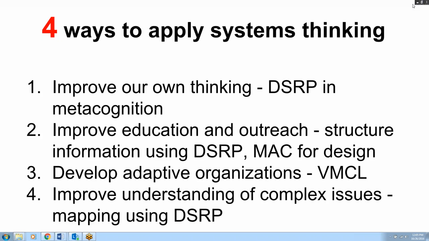Three, it's applicable at a community or organizational level of any sort, and I'll talk a little bit about how that plays out in this webinar. And four, we can get a deeper understanding of complex issues by using systems thinking. I'll touch on all of these to some extent, particularly one through three today.